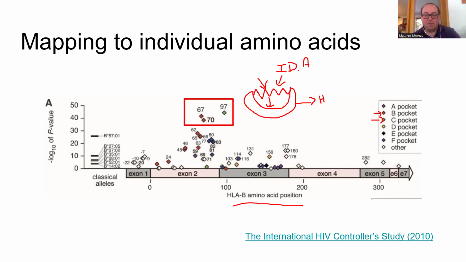And so the other piece to this that I think is important to put into context is that this piece that is being displayed to the adaptive immune system is the piece that the adaptive immune system finds.